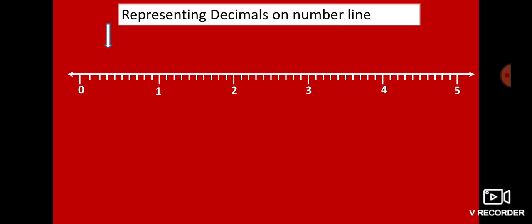Here you can see some points on the number line. Where is the pointer? It is on the 0.6th decimal number, that is after 0, the 6th point. That is 0.6. Next, where is the pointer? After 1, the third point, so it is known as 1.3.